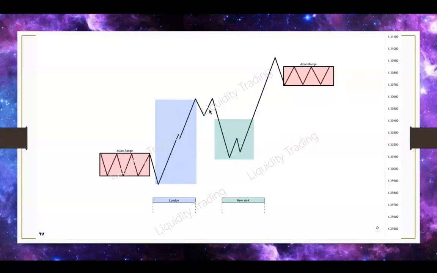In lunchtime, the market would be making a retracement to the New York Kill Zone, and the New York Kill Zone time is from 7 a.m. to 11. Now in the New York Kill Zone, we would be expecting the market to arrive into our retracement area, and in New York we would be looking at buying opportunities for the rest of the day to continue in the bullish direction.